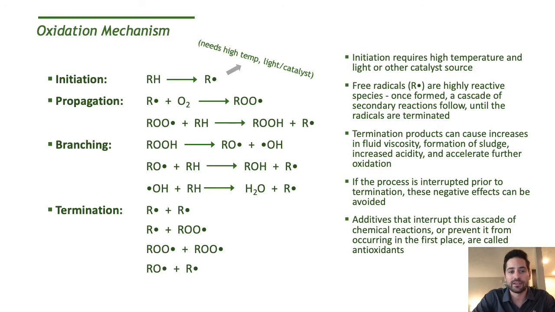And so in this way, because oxidation products allow for more rapid oxidation, you get an exponential increase in oxidation over time. If the process is interrupted prior to termination, however, then the process can be drastically slowed. The additives that are used to interrupt this process are referred to as antioxidants, and that's what we're going to be talking about next.